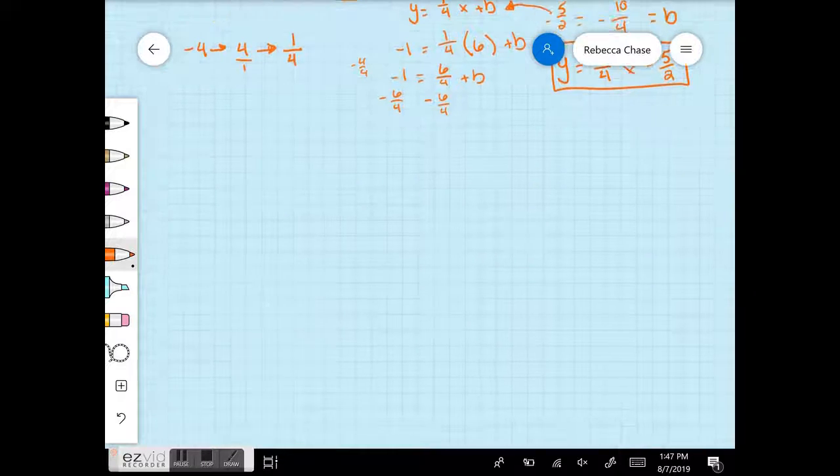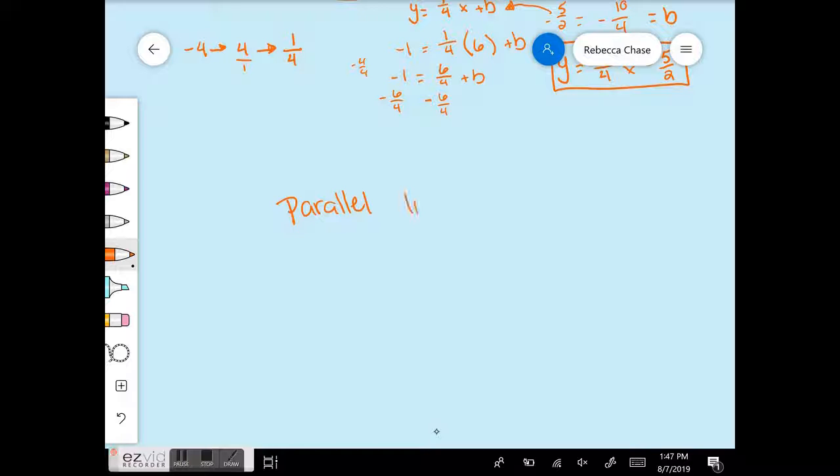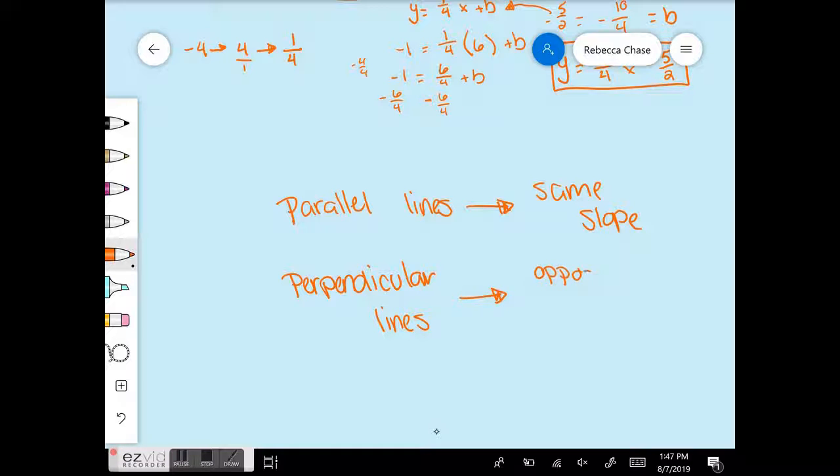Okay, so moral of the story, the major concepts here are parallel lines have same slope, okay, and perpendicular lines have opposite, which is change the sign, and reciprocal.